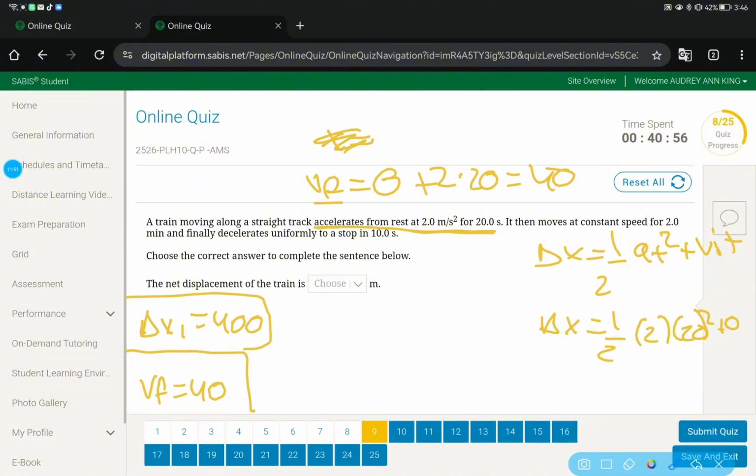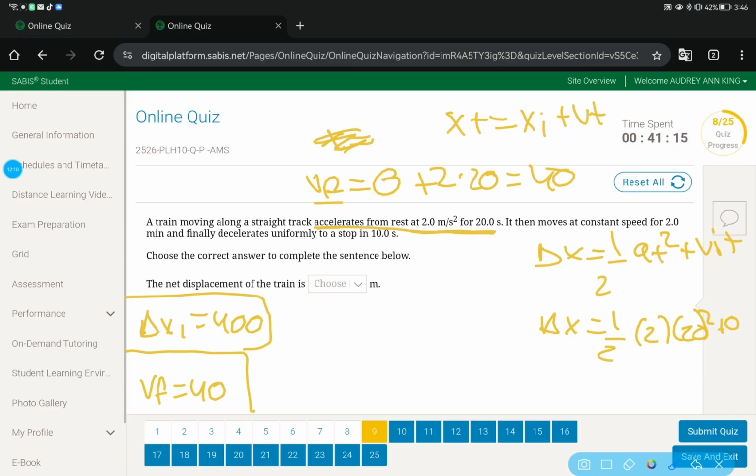And now we need to find the distance at constant speed. So we're going to use the URM formula, which is xt equals the initial position plus velocity times time.